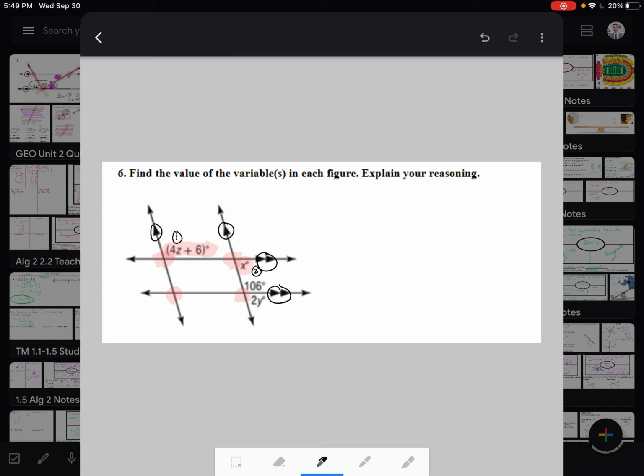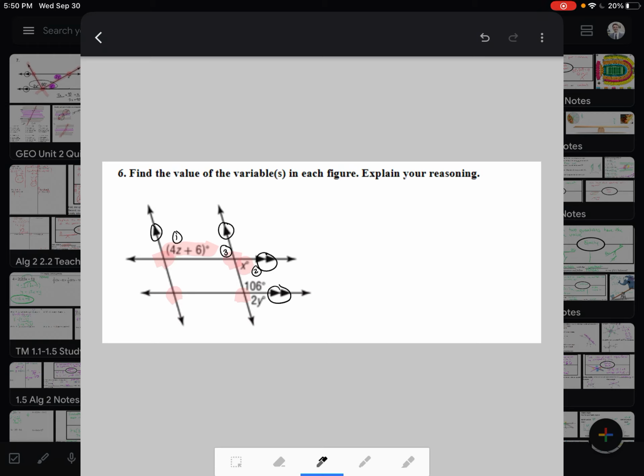we're going to have to do a little bit of work before we identify, but we're going to be able to use our theorems to go through and solve. So for example, because we have vertical angles here, we could say that like x and angle 3 are vertical. So we could also say that angle 3 is equal to x.